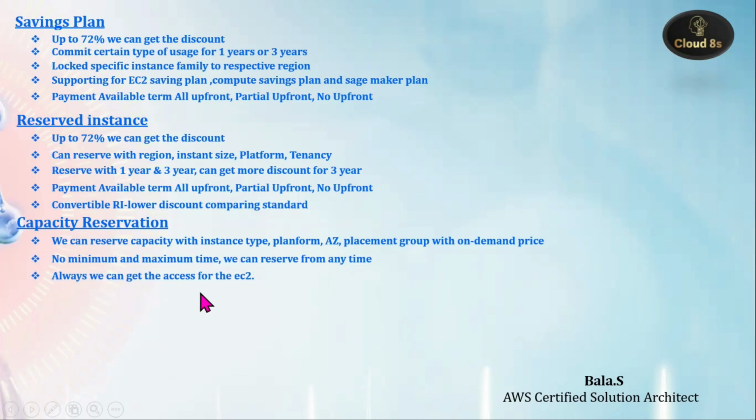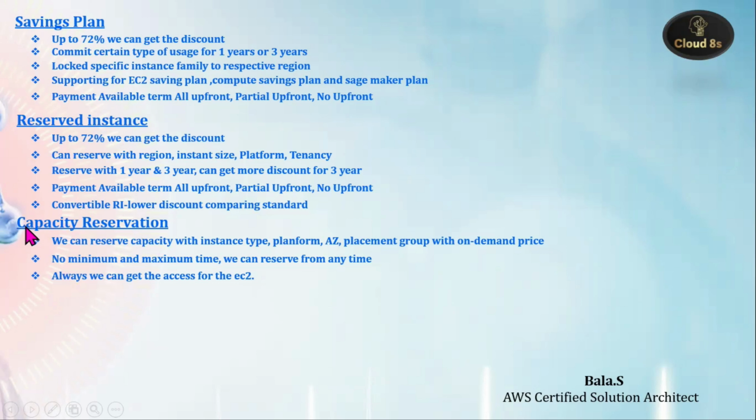For example, if I'm reserving the capacity for a Windows flavor with C7 large, we can always get that EC2 instance in the particular region. In future, if we need any EC2 instance and it is not available, AWS will not provide you the resources due to insufficient capacity.